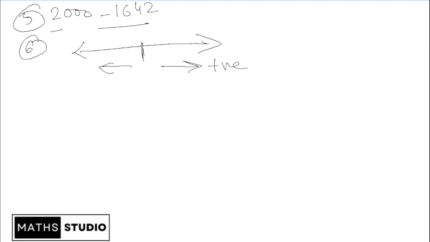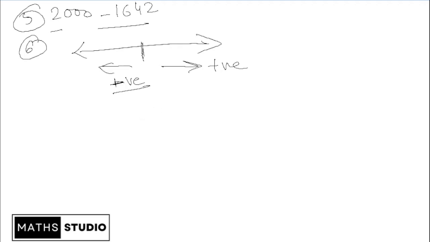Question number 6 is also very similar. Direction east is represented by positive and west is represented by negative. So what happens overall? In this case, the person travels 20 kilometer to the east and then 30 kilometer along the west.